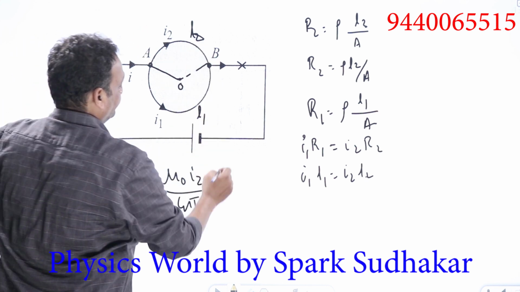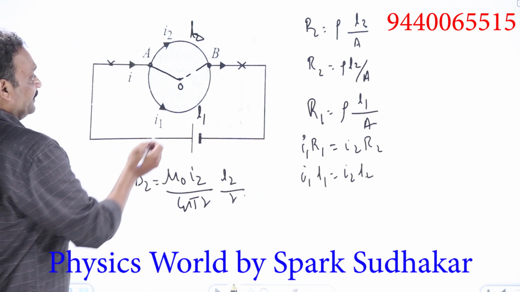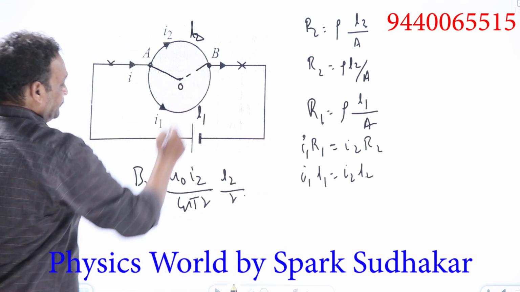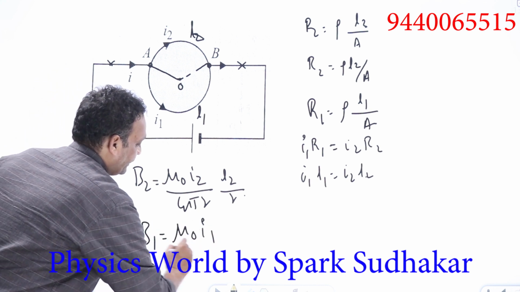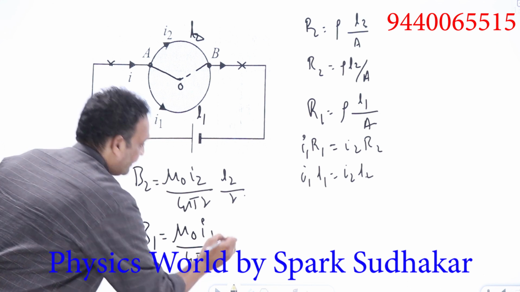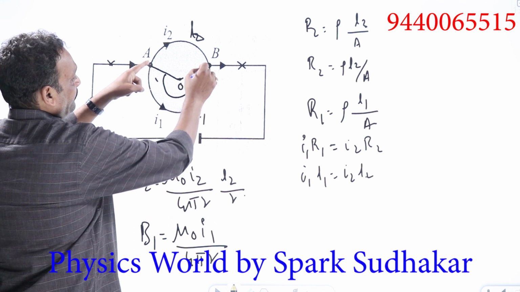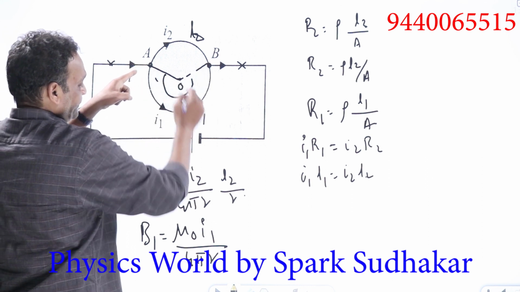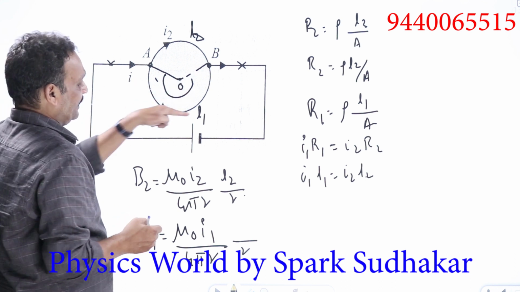Arc length is L2, radius r. Similarly, B due to this segment, B1, equals mu naught I1 by 4 pi r into the angle, which equals arc length by radius. Radius is r only. Arc length is L1.